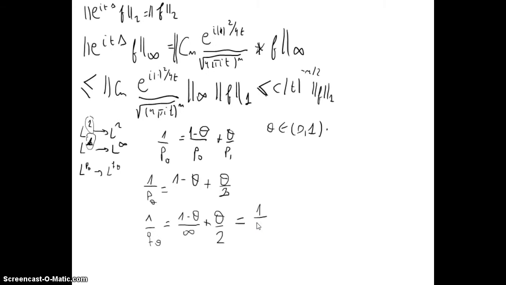So here we have that 1 over q theta is going to be theta over 2, and in this case we will have that theta is equal to 1 over p theta minus theta over 2.